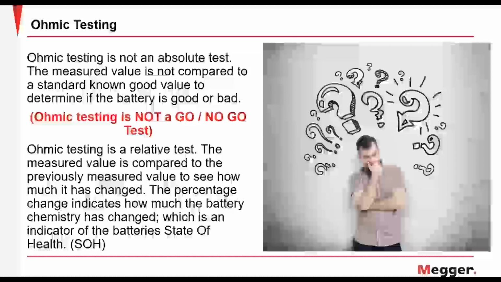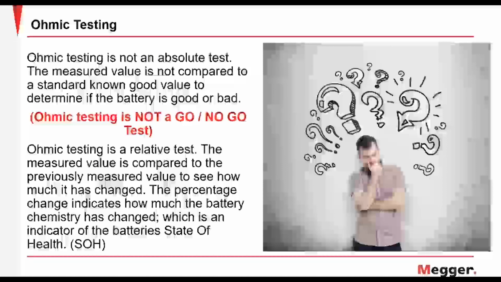A very important thing about ohmic testing is that it's not an absolute test like the discharge test, which gives you an absolute value of the capacity in your battery bank. It is much more a relative test. So it's not going to directly tell you this cell is good or bad. What it will show you is how much this cell or battery has changed from the previous measurements.